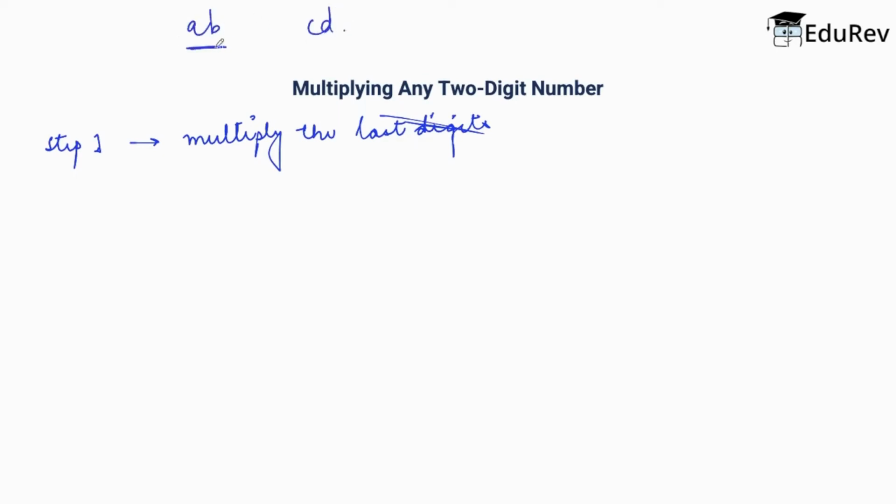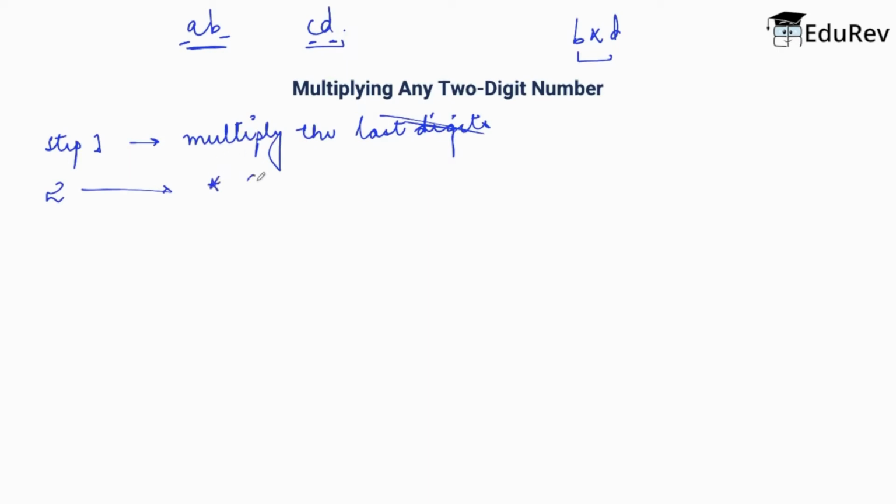Now AB is a two-digit number where at units place you have B and at tens place you have A. Similarly, CD is a two-digit number where at units place it's D and at tens place it's C. So step 1 is that I have to multiply the last digits. That is, I'll get B into D. This is the multiplication of the last digits.